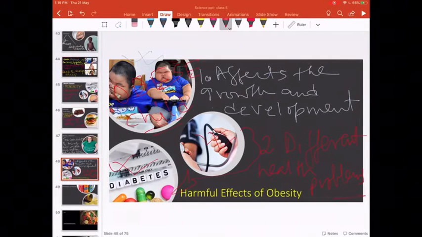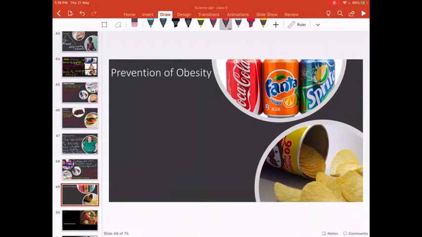All right, so students, we should take care that we do not become obese. We should take care of preventing obesity in our body.